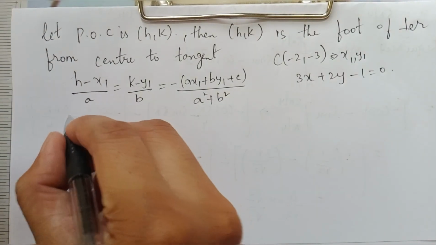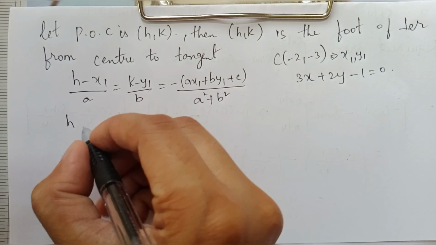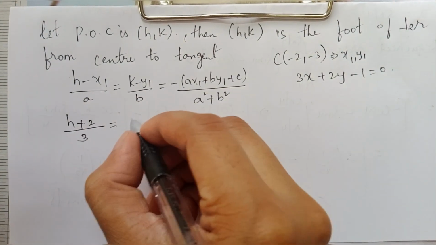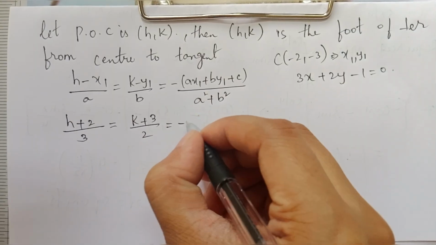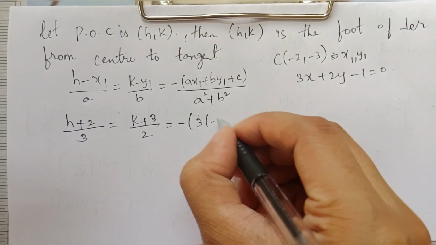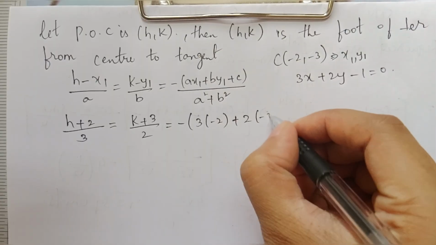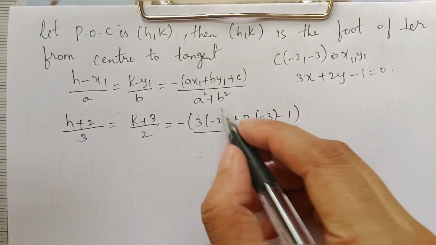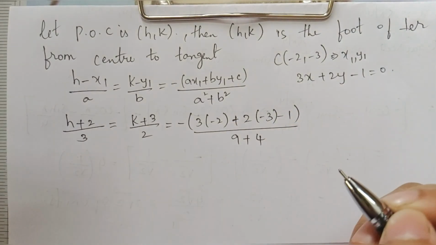Substituting the point values here, we get h plus 2 by 3 equals k plus 3 by 2 equals minus of, the value of a is 3 into x1 which is minus 2, plus b is 2 into y1 which is minus 3, minus 1, by a square which is 9 plus b square which is 4.